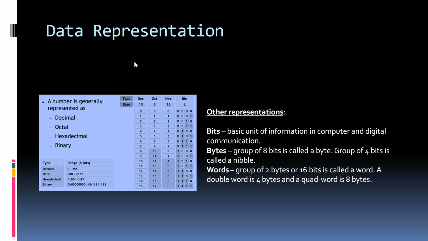The basic unit of information in a computer is a bit, and a group of 8 bits is called a byte, and a word is a group of 2 bytes. All these are the ways in which we represent data.